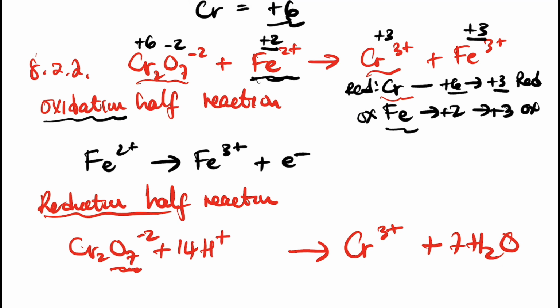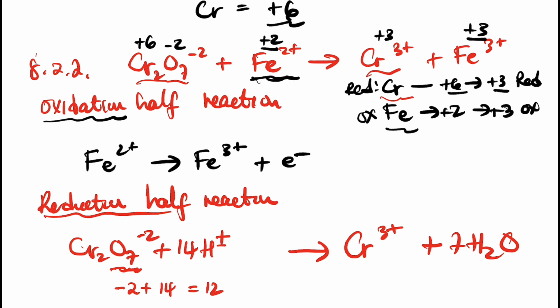So if you look here, we have 2- plus 14, it makes what? 12. So we can say -2 plus 14, which is the positive 14, is going to give us +12, right? If we go to this side, we have what?